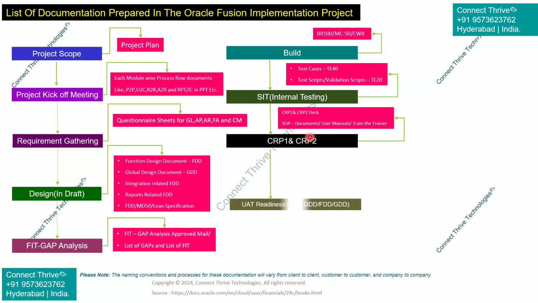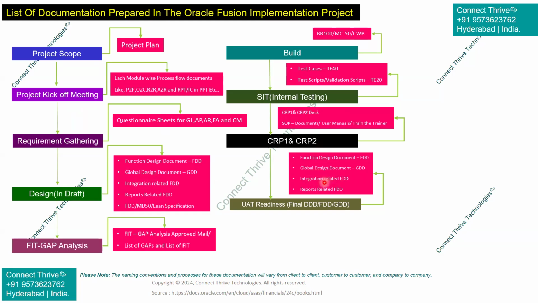Then after that, we have UAT readiness. In the UAT readiness, obviously the requirements we got in the initial stage will be changed at the CRP1 level. So based on the latest changes, naming convention, new requirements, whatever it may be, we can prepare the final documents. The documents which we prepared in the design phase could be updated in UAT readiness.